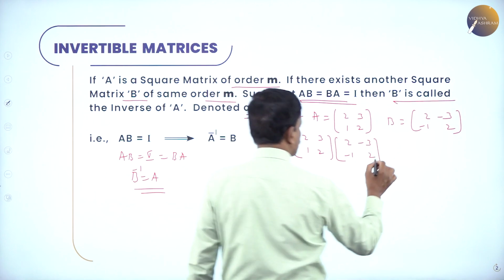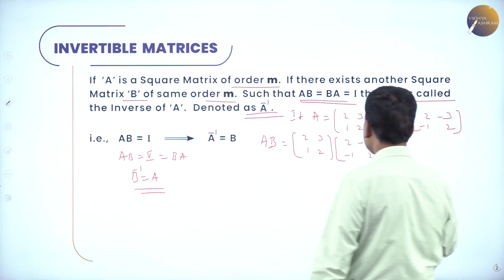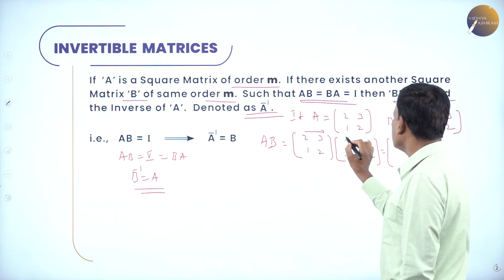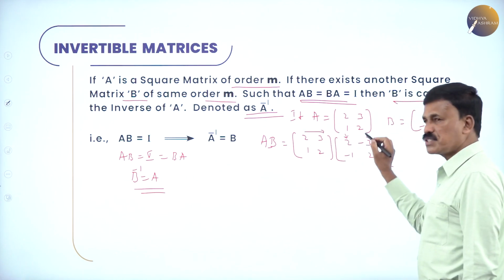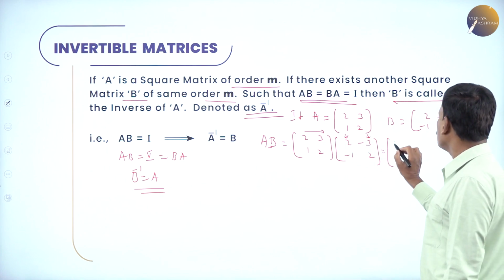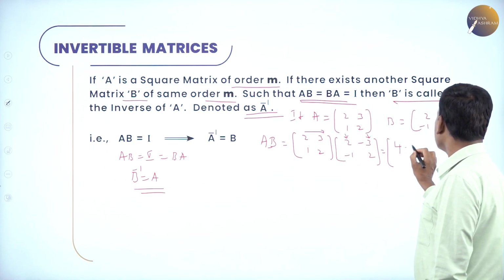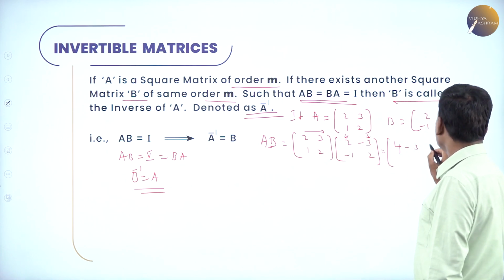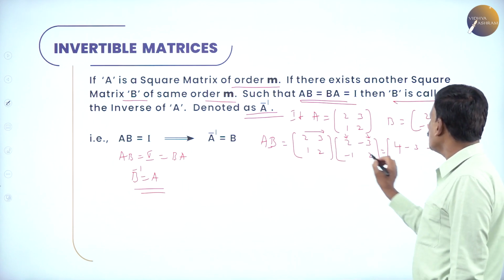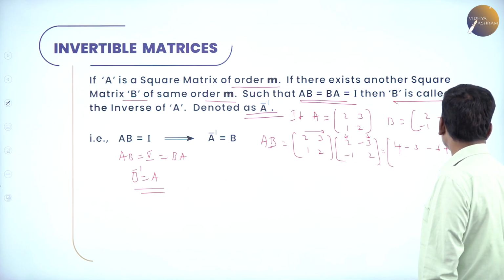Multiply this, same matrix multiplication. First row, first column: 2 into 2 is equal to 4, 3 into minus 1 is minus 3. Again, 2 into minus 3 is minus 6, 3 into 2 is plus 6.